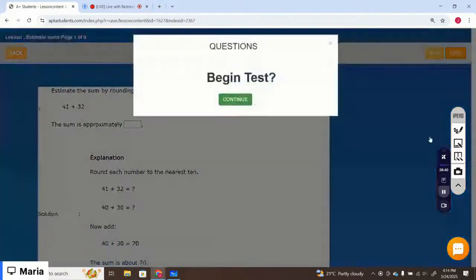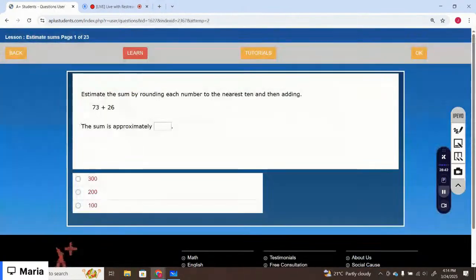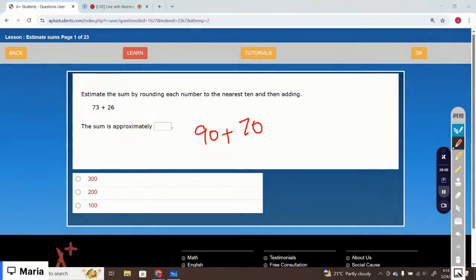Let's just start with the test question. That is exactly the one we just did, right? Estimate the sums by rounding each number to the nearest 10 and then adding. So that is 73 plus 26. So which is the correct option? 73 is rounded to 70 and 26 is rounded to 30.